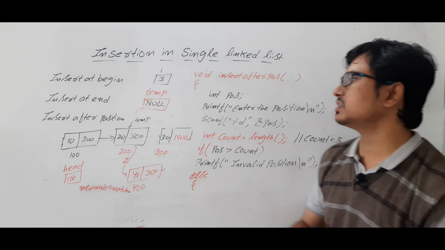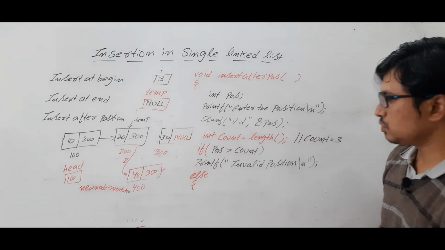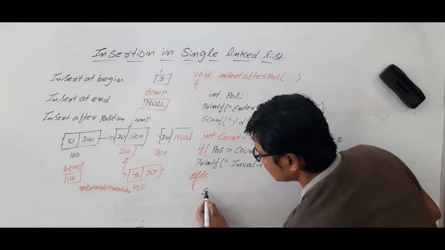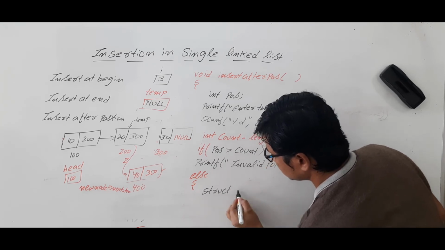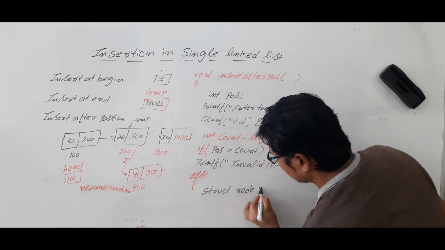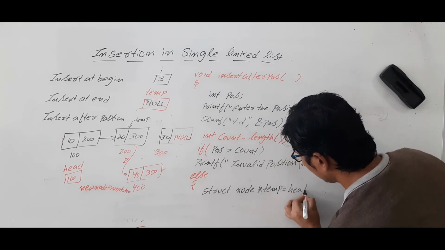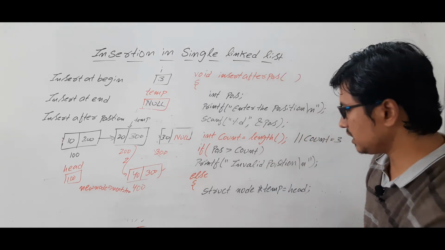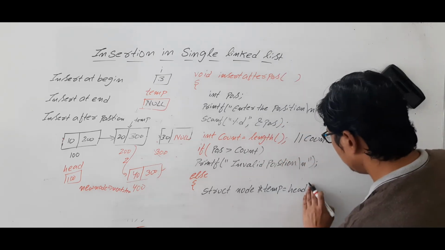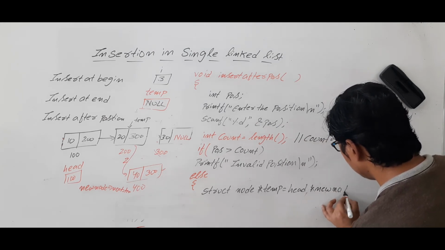So first thing is that we need to traverse from starting up to this position. So what I will do is that I will declare a variable called temp and I will assign the head value. After that, you need to create the new node. Am I right? How can you create a new node? You can write new node here. You are declaring. Okay.